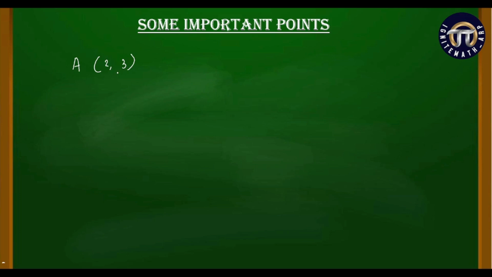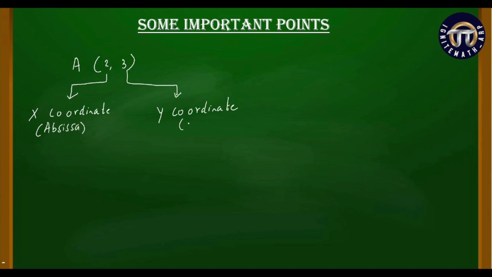They are called as coordinates of the point A, or they are also called as the ordered pair, where this 2 represents the x coordinate, and this 3 represents the y coordinate. So x coordinate is also called as abscissa, and y coordinate is also called as ordinate.